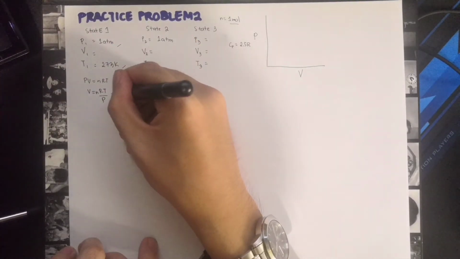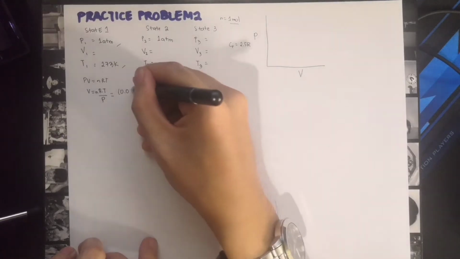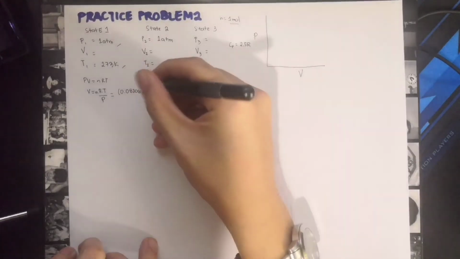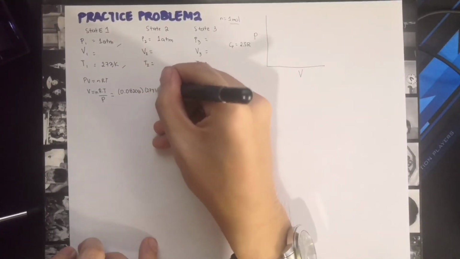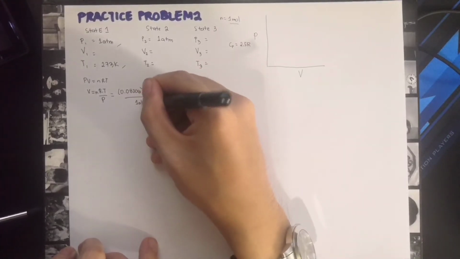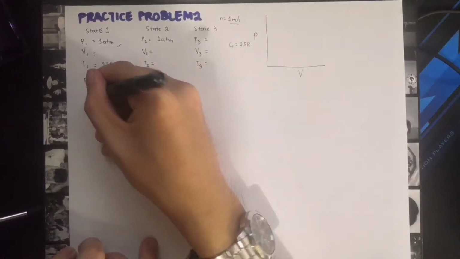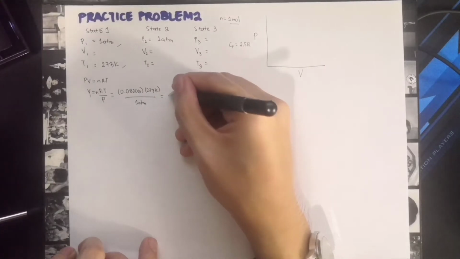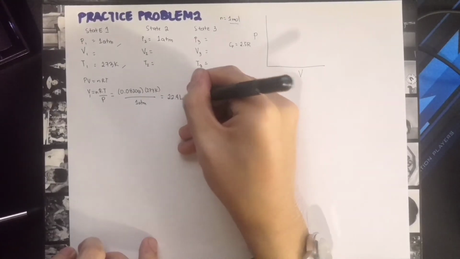It's equal to 0.08206 times temperature 273 Kelvin over 1 atm. And volume 1 is equal to 22.4 liters.